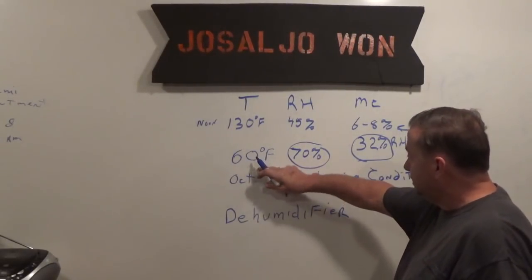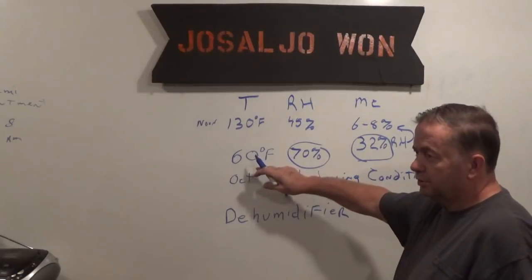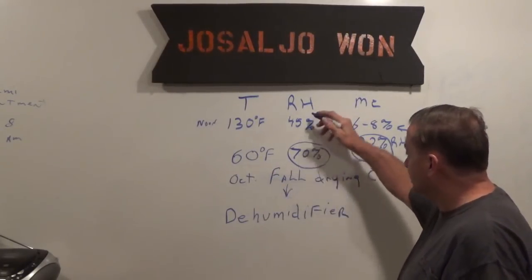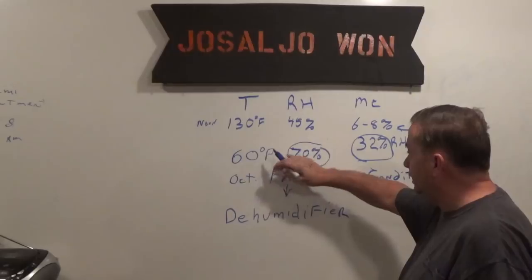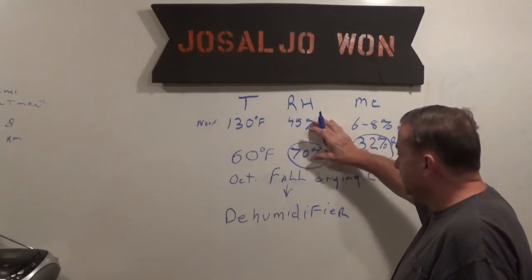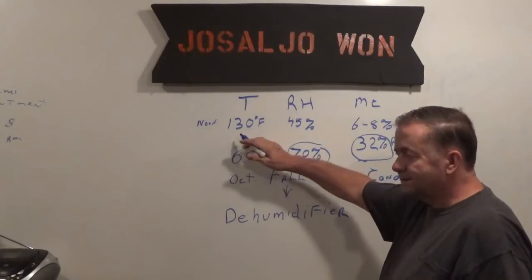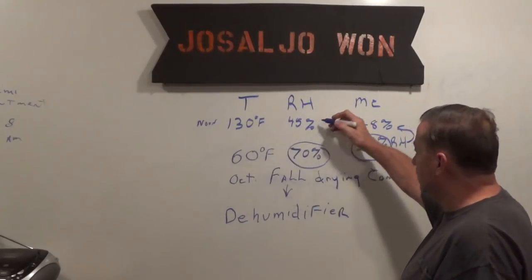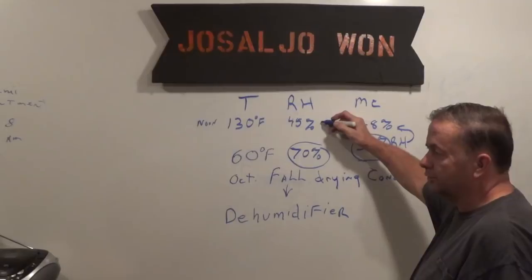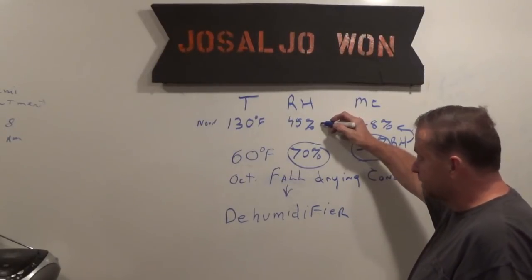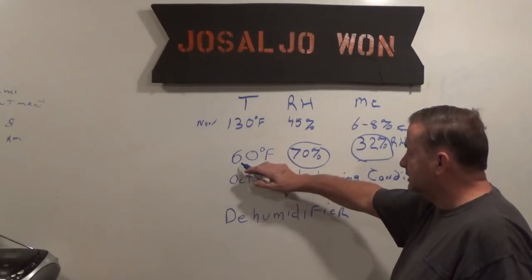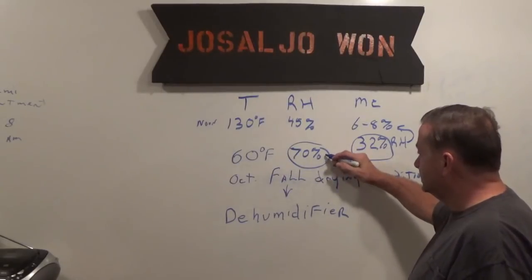So at 60 degrees, and this is part of the problem, you don't know what the relative humidity can be. It can be anything, and the temperature can be anything. There's no fixed thing. I'm not saying that at 130 degrees relative humidity is always 45%. I'm not saying that at 60 degrees relative humidity is 60%.